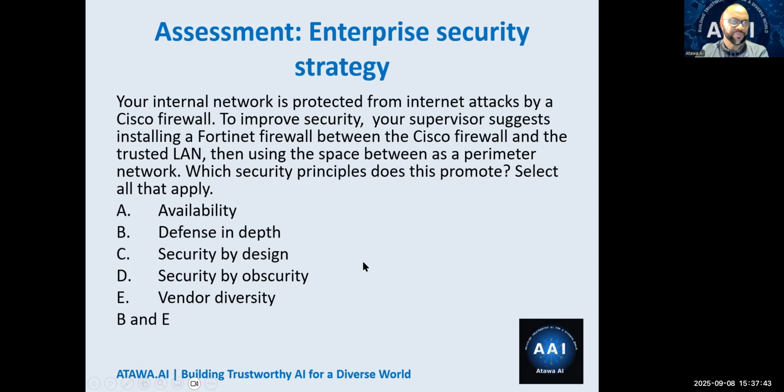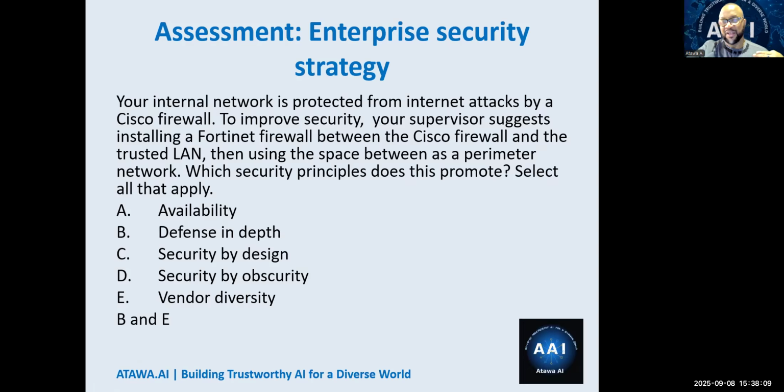This one in here, I'm trying to make the video not as long, right? You have protection of your system from internal attack by a Cisco firewall, right? Automatically, I'm thinking about that. I'm using a vendor, but then I now suggest using a Fortinet firewall between the Cisco and your trusted local area network.